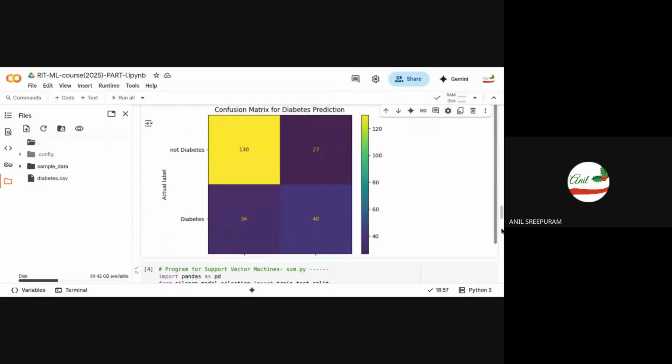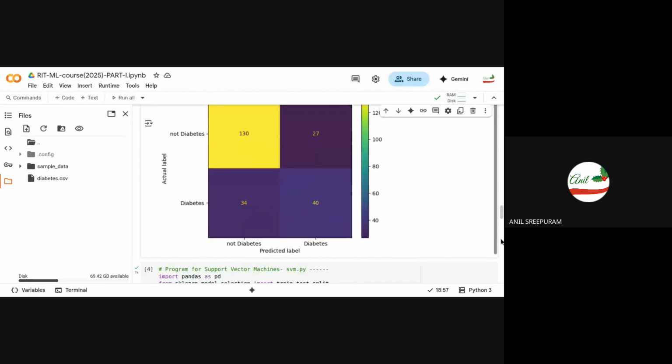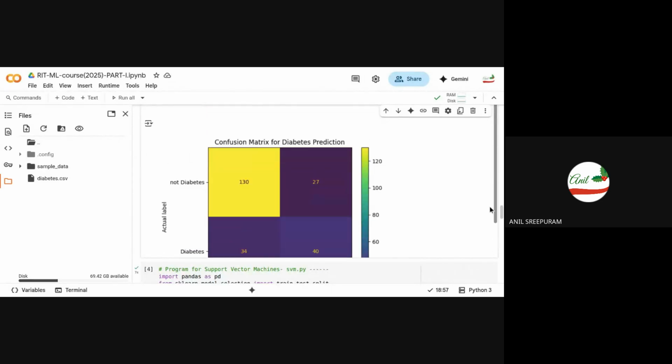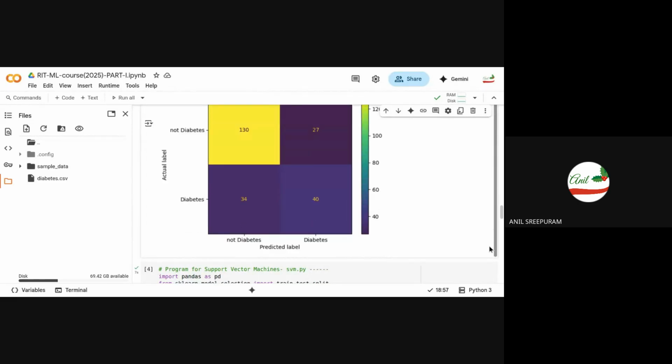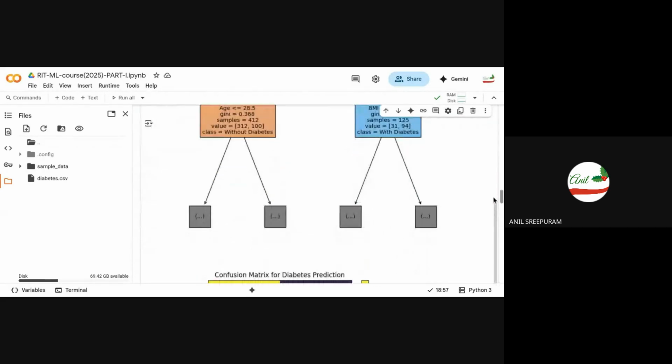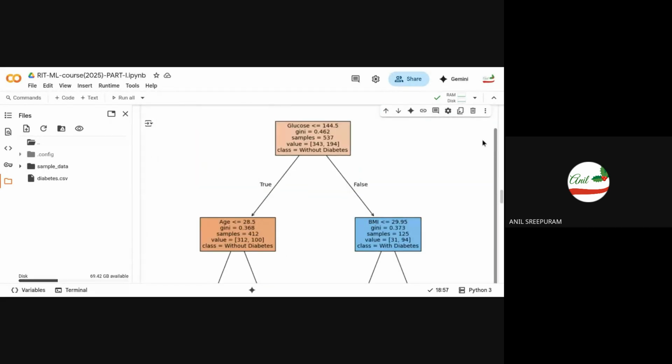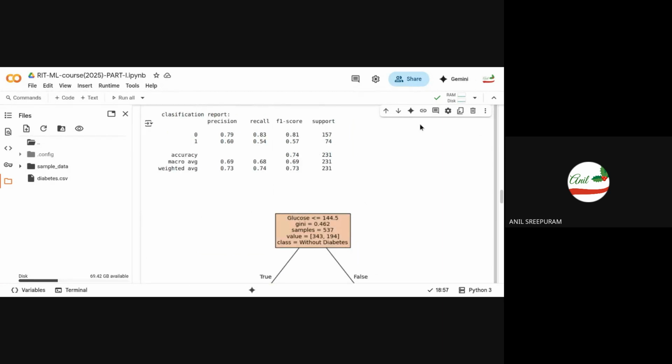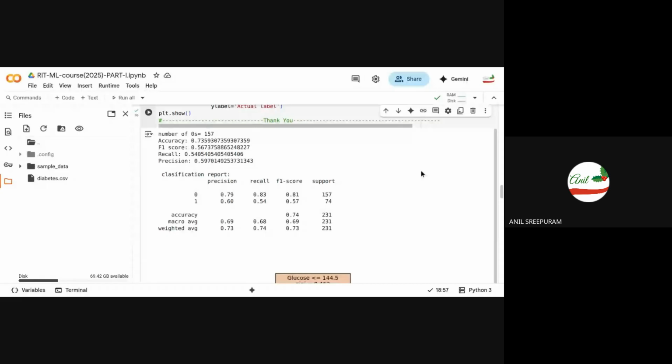And this is the confusion matrix now. Same thing. And in this case, this is the performance of the model. Accuracy is actually not that much.